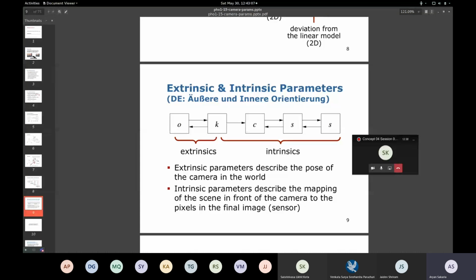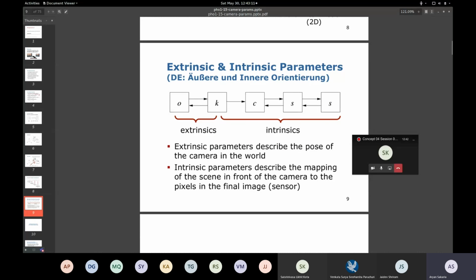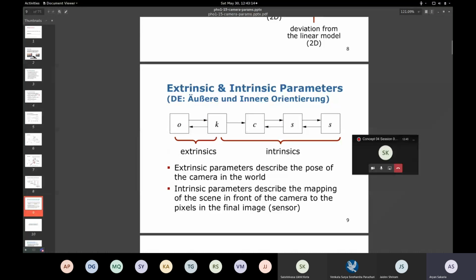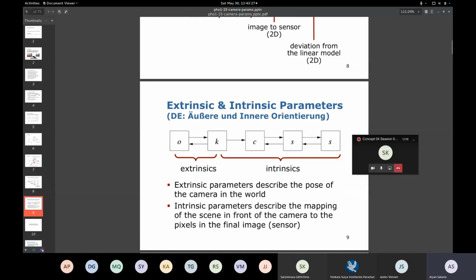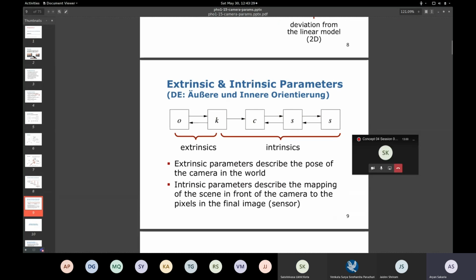That's one part of intrinsics though. If you have two cameras in two identical scenes, and one of them has a larger focal length than the other, the images are going to be different. So intrinsics are about that. I don't know if I've accurately answered, but I hope that clears something up.